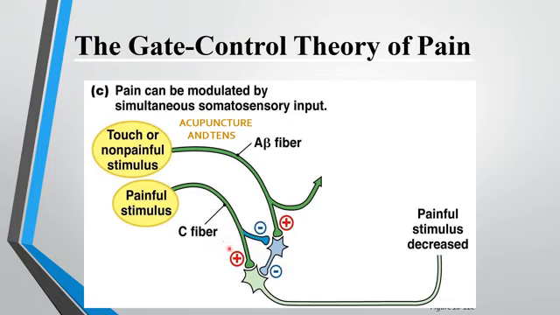Here we can also have A delta. When the A beta fibers are activated, this inhibitory interneuron is stimulated so that it can inhibit the release of substance P by the C fiber. So the pain stimulus is decreased by the activation of A beta fibers.